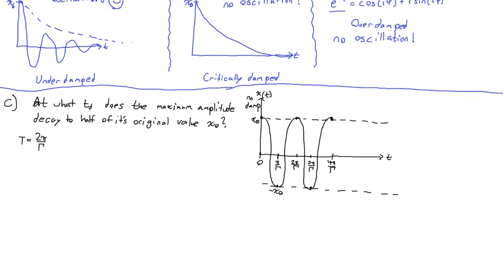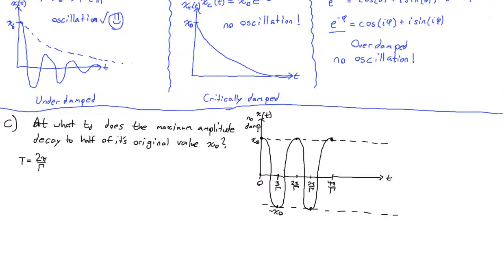So basically, what we really care about is we want to find the n value, because these are integer multiples of pi over gamma. So really, this should be n where n is a member of the positive integers.